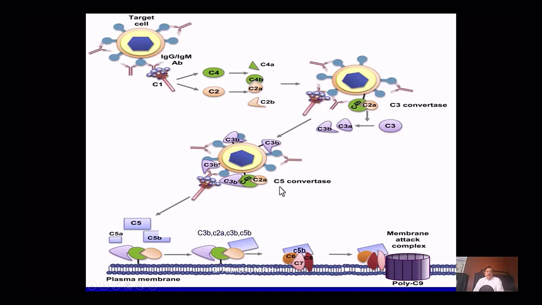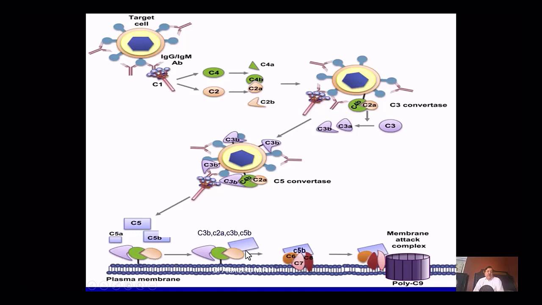This C5 convertase activates C5 protein and breaks it into a small portion, A, and an activated portion, B. The small portion goes into the plasma, and the C5b combines with the C3, C2 and C4 complex.